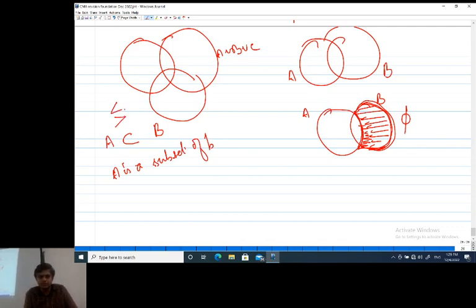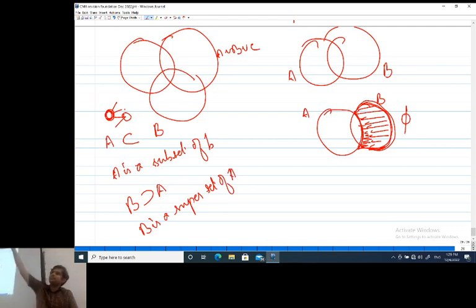The small side, that is the sharp edge, whichever side it points to, that set is an inferior set, that is a subset. If I write this as B, what I mean here is B is a superset of A. Subset is an inferior set, superset is a superior set. So which side the nose points to is what matters. If you read it in reverse, this one comes, and if you read the other in reverse, that one comes. Okay?